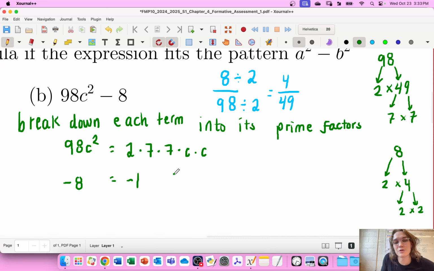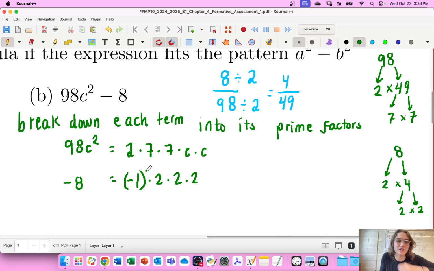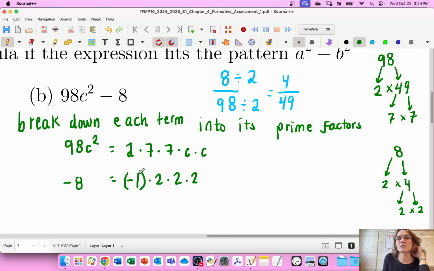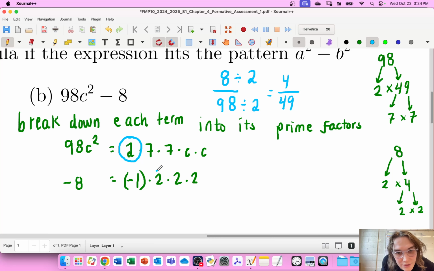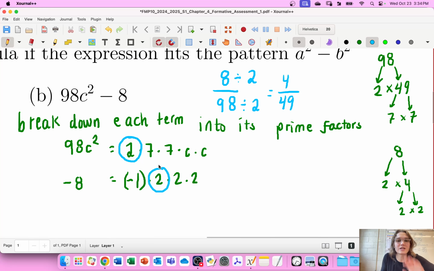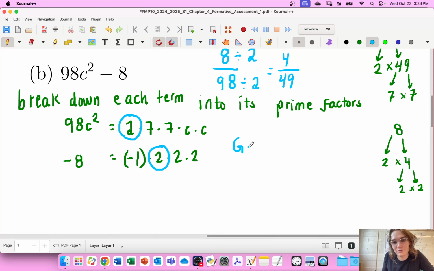So the reason that I put that factor of -1 there is just because it's negative. I want to have that there so that if I were to multiply all these factors together, it would become negative. So all of that to say, what's common? Well, there's a 2 and there's a 2. That's it. So that tells me that my GCF is 2.